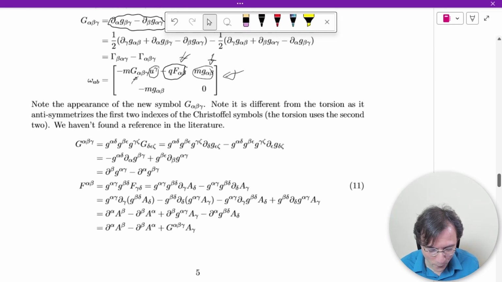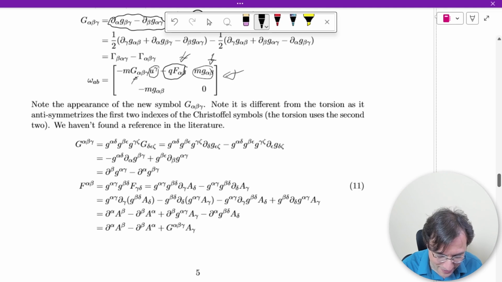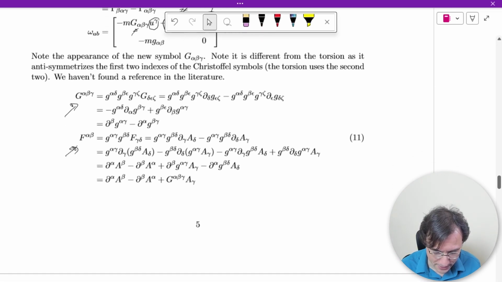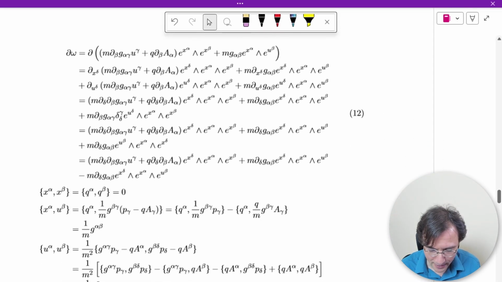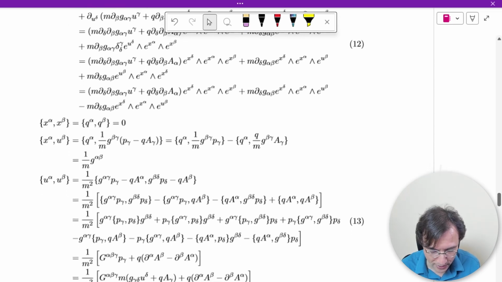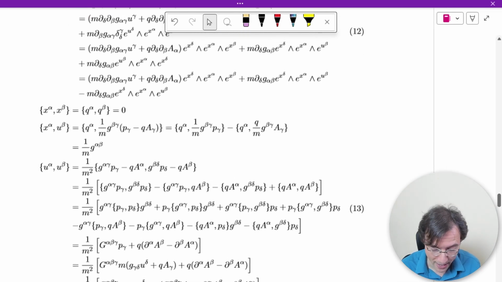What I'm doing here is the contravariant components, and then I use that to calculate the Poisson brackets. As you would expect, the Poisson bracket between position and position remains the same, remains 0.